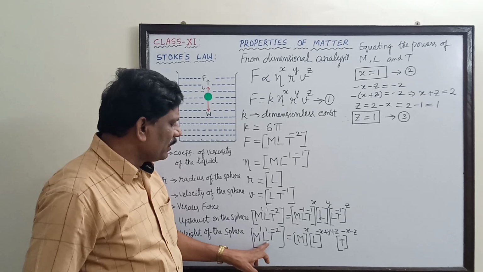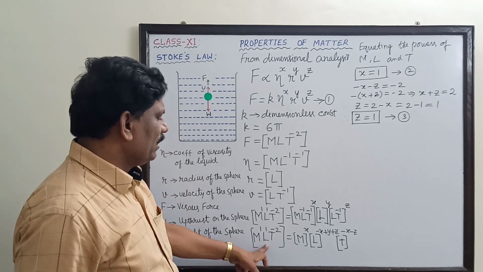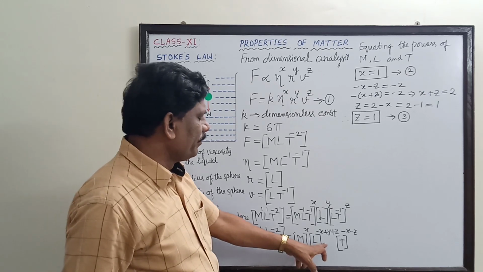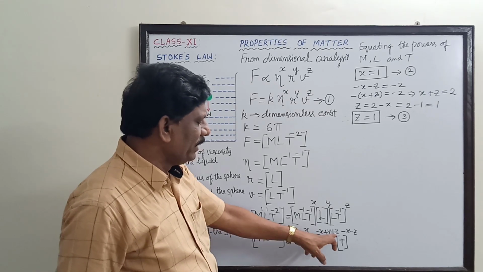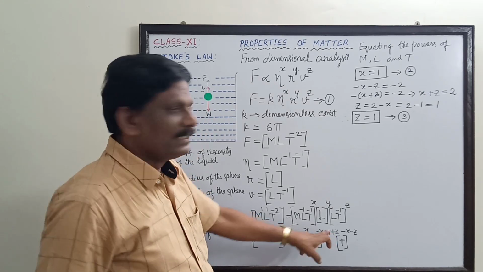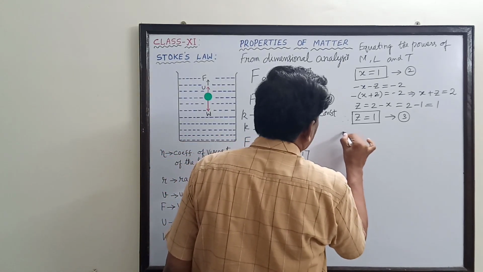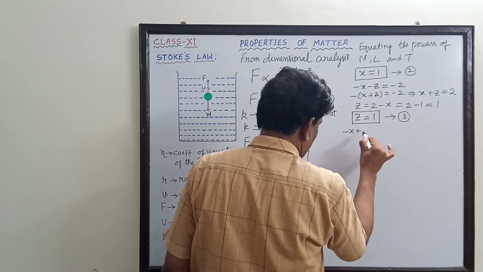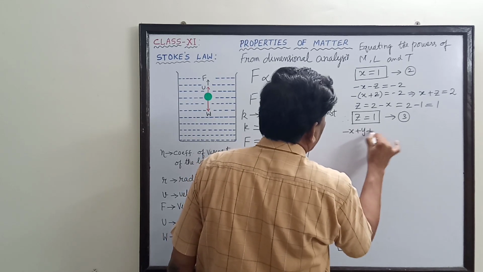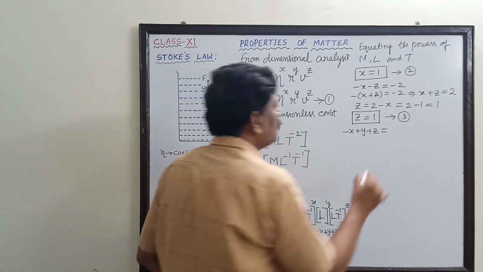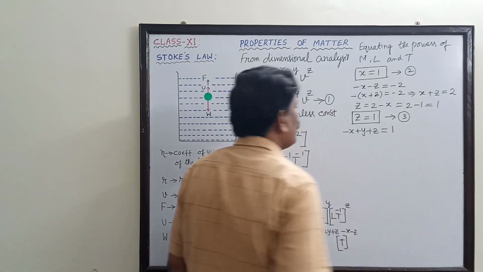Now we can go for the middle term L. The left side is L power 1. The right side is L power minus x plus y plus z, and this is equal to L power 1.